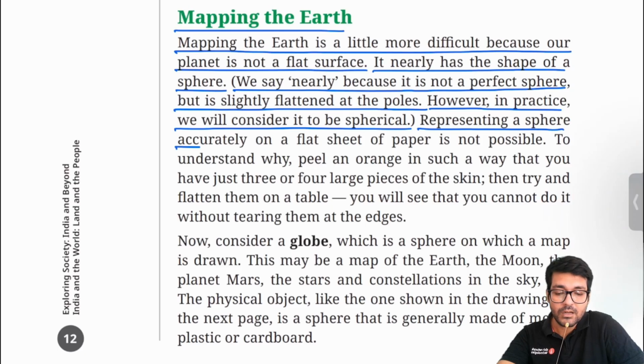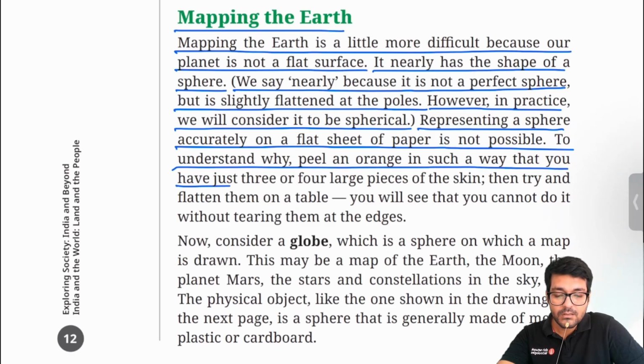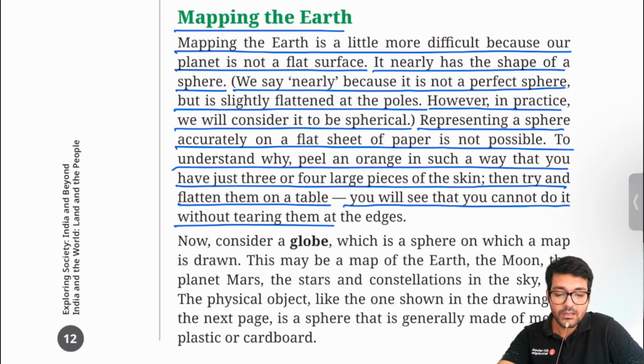Representing a sphere accurately on a flat sheet of paper is not possible. To understand why, peel an orange in such a way that you have just 3 or 4 large pieces of the skin. Then try and flatten them on a table. You will see that you cannot do it without tearing it at the edges.